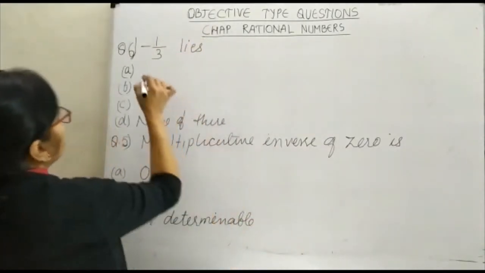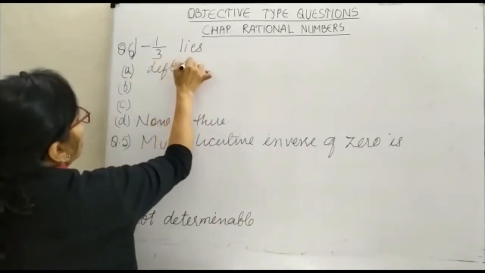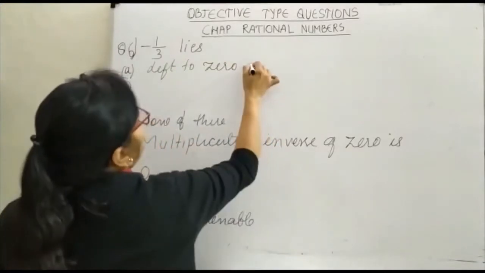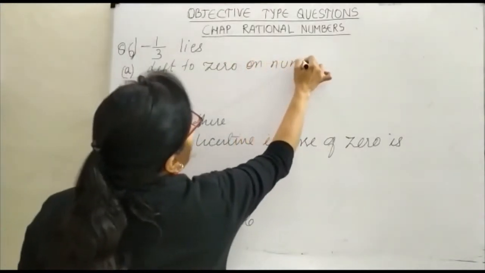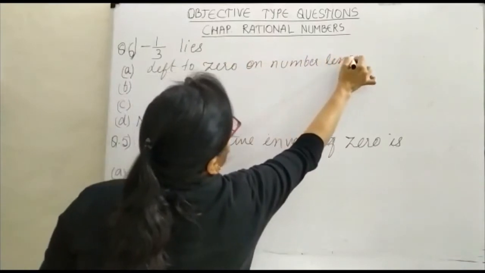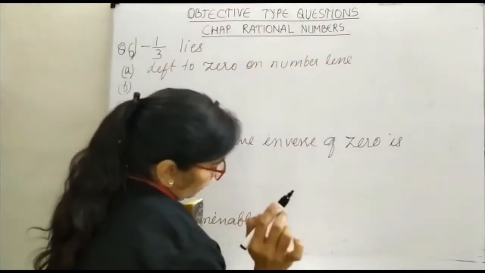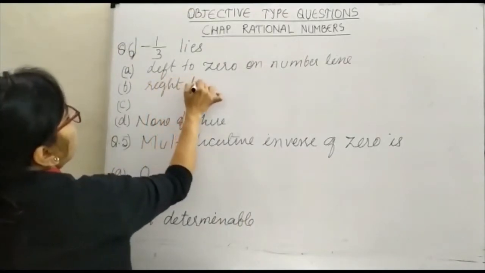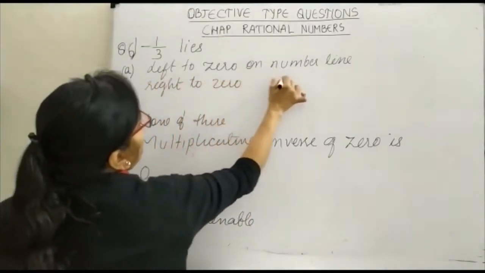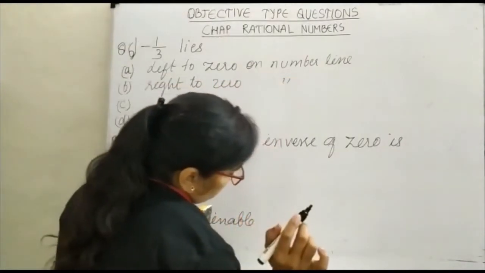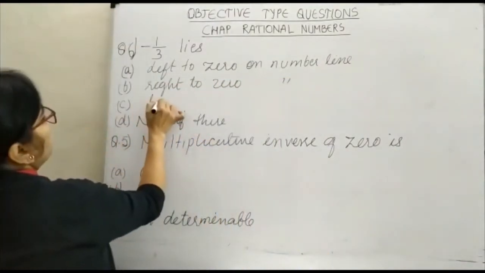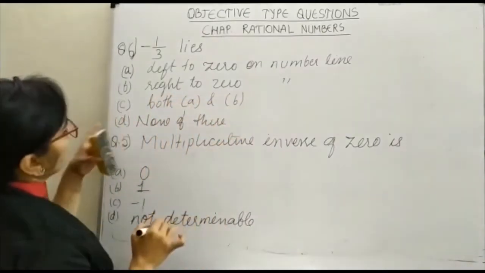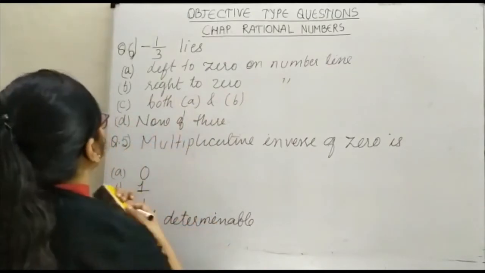First option is left to 0 on number line. You have to tell the position. Your second option is right to 0 on number line. Your third option is both A and B. And your last option is none of these.